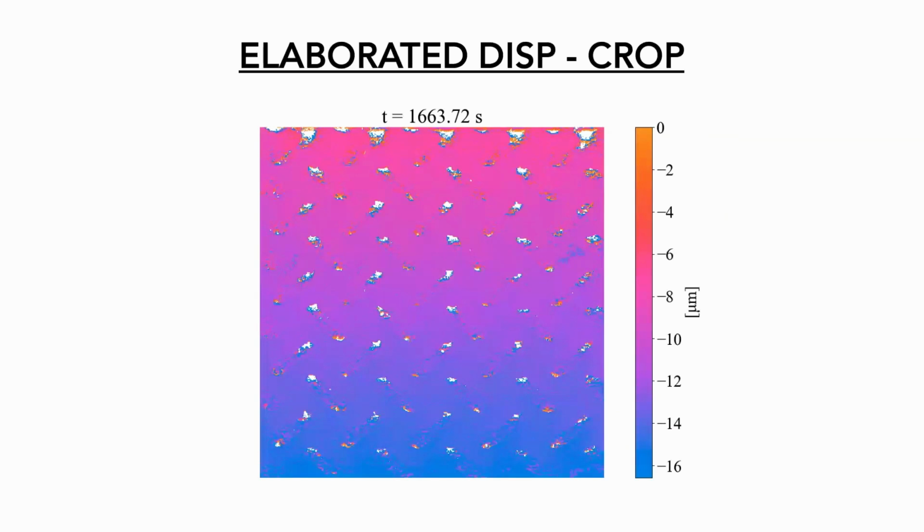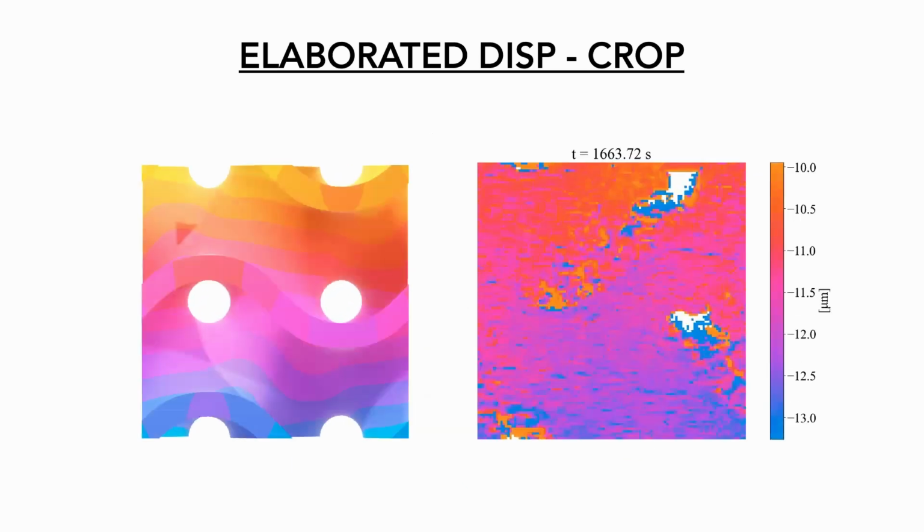As you can see, it is very stable. It is clear also how the deformation evolves in such a complex structure. As you can see, the displacement goes from minus 16 micrometers up to plus 16 micrometers. That's a clear picture of that.